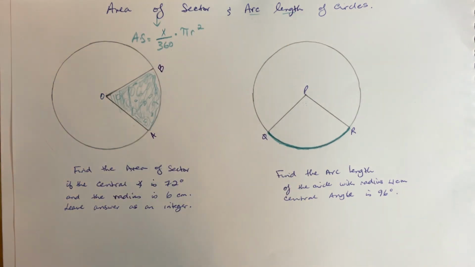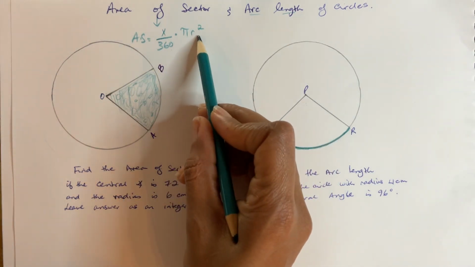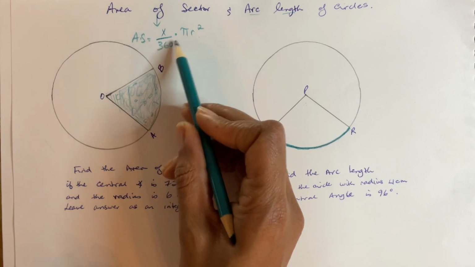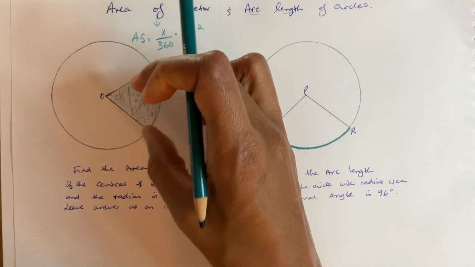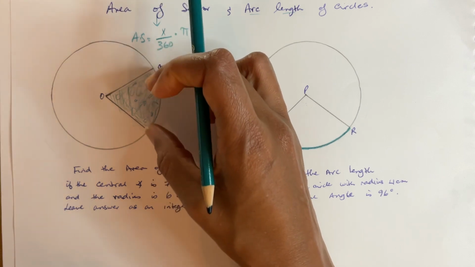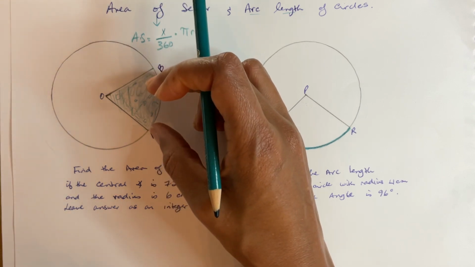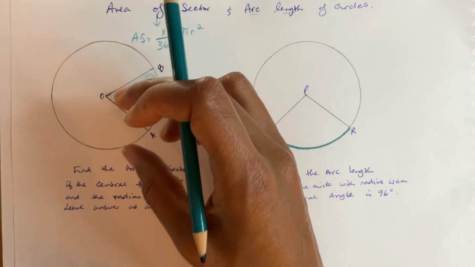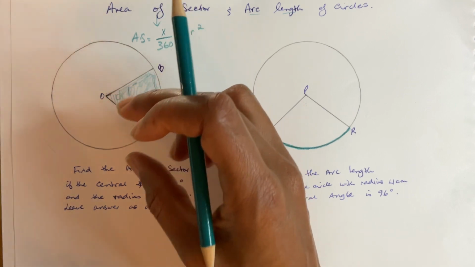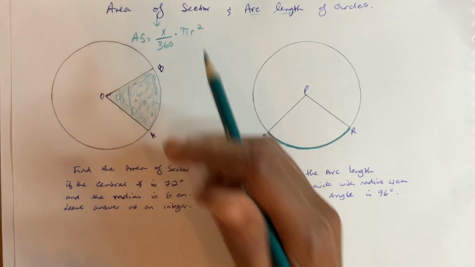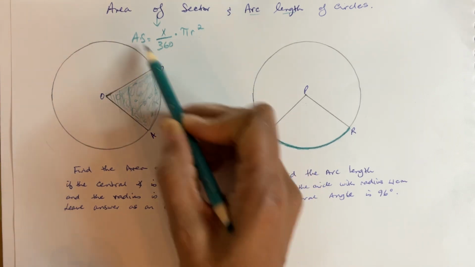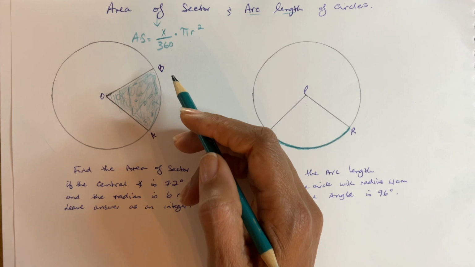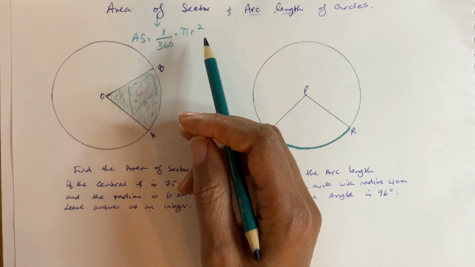Now, the reason why it's pi r squared is that central angle over 360 times the area of a circle, because we're taking a piece of that area, which is this little piece, which is, as I said before, the slice of the pizza that you're taking out and that you're going to eat. So that's the reason why we're using pi r squared here, because we're talking about the area of the entire pie, but that's a portion of it.